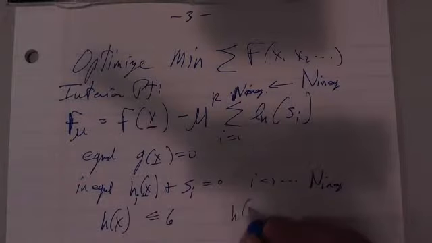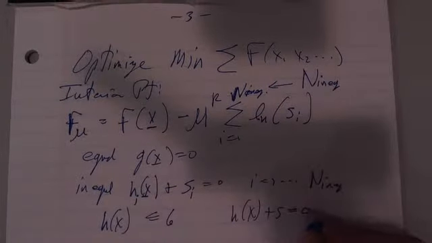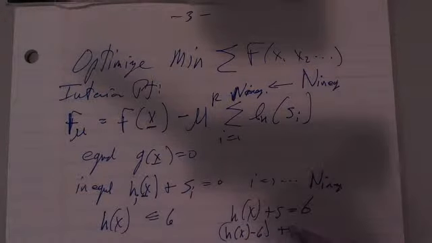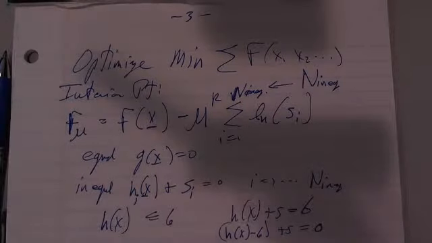Well, then I'm going to say h of x plus s equals 6, so h of x minus 6 plus s equals 0. Now, when h of x, for example, is much less than 6, then this is a negative number, right? If h of x equals 3, then 3 minus 6 is minus 3. Well, then you just say s is equal to 3 more to bring it up to 0.